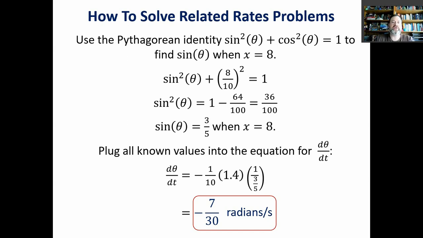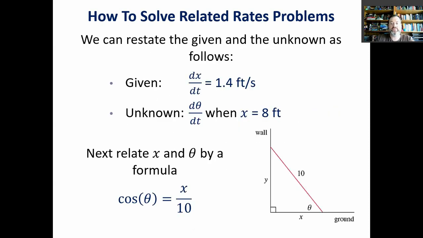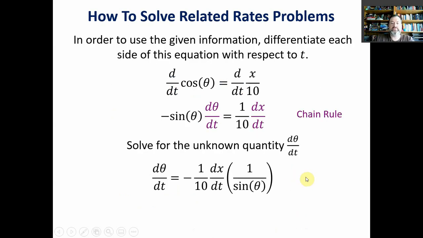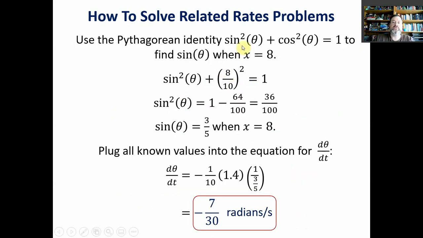So I just use a Pythagorean identity. When x equals 8, we know what cosine theta is, right here. Cosine is 8 over 10. Just plug everything in. So sine squared plus (8/10) squared equals 1.